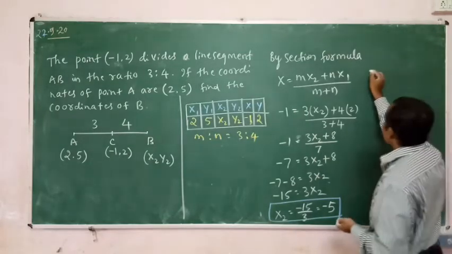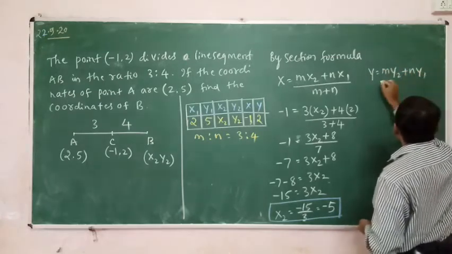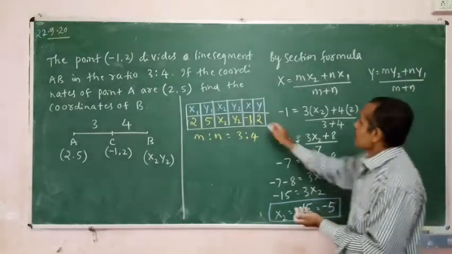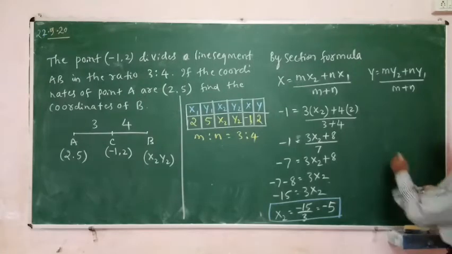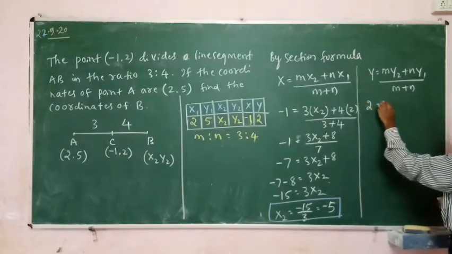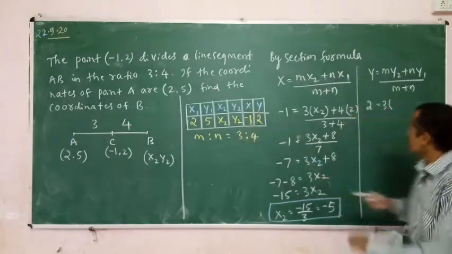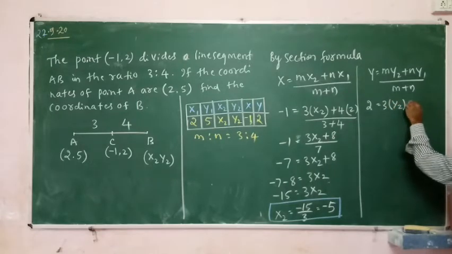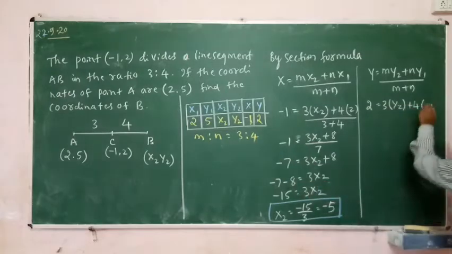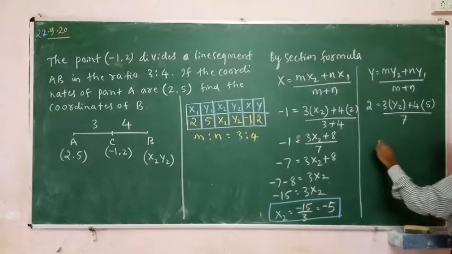Again, y is equal to (m y2 plus n y1) divided by (m plus n). y is 2. 2 is equal to m, 3 into y2, y2 remains as it is, plus n y1, n is 4, y1 is 5, divided by m plus n, 3 plus 4 is equal to 7.